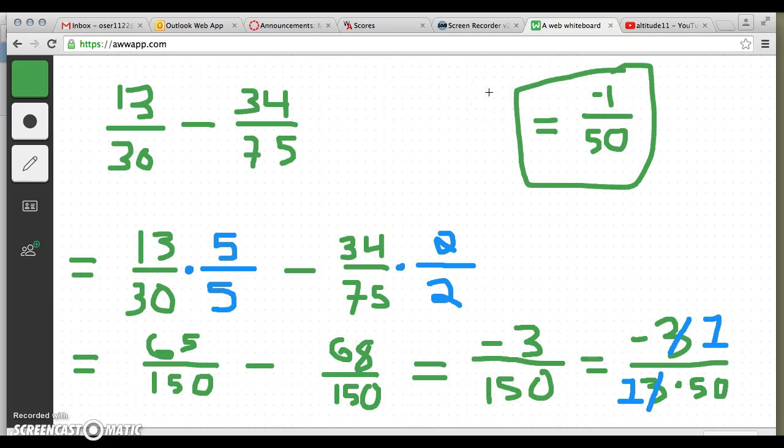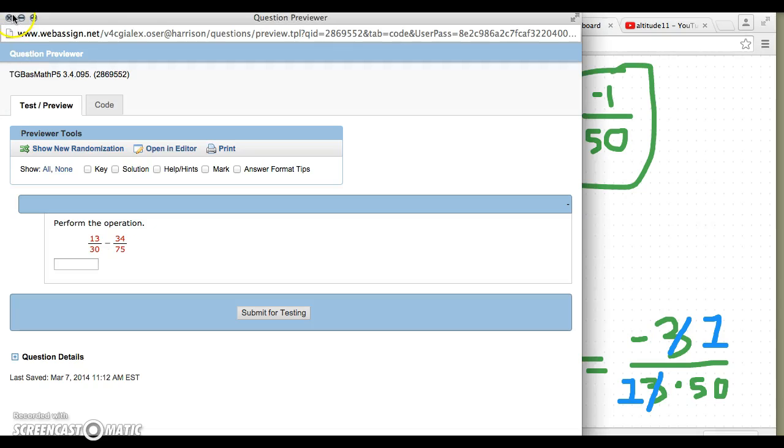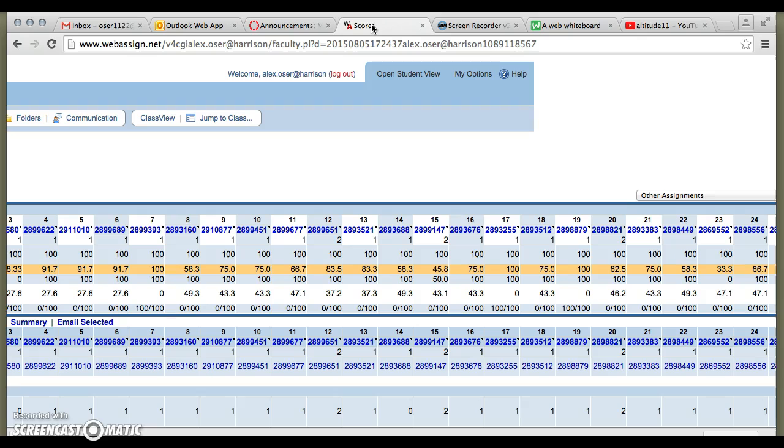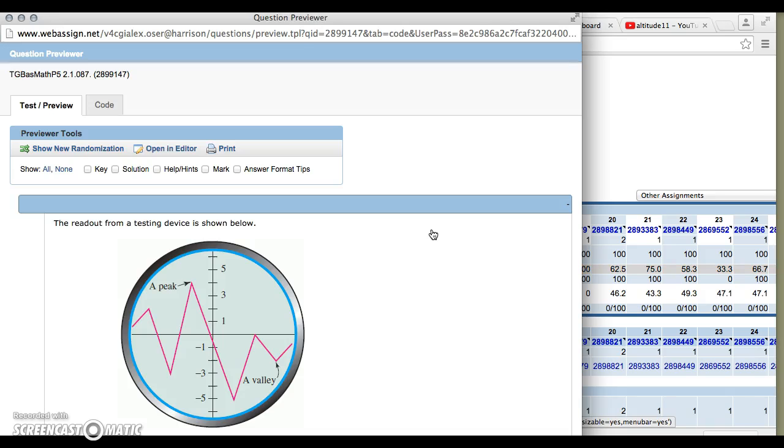All right, hopefully I have time for one more here. So let's take a look. Our next problem is number 15. And I think on this problem we might just be able to talk through it.